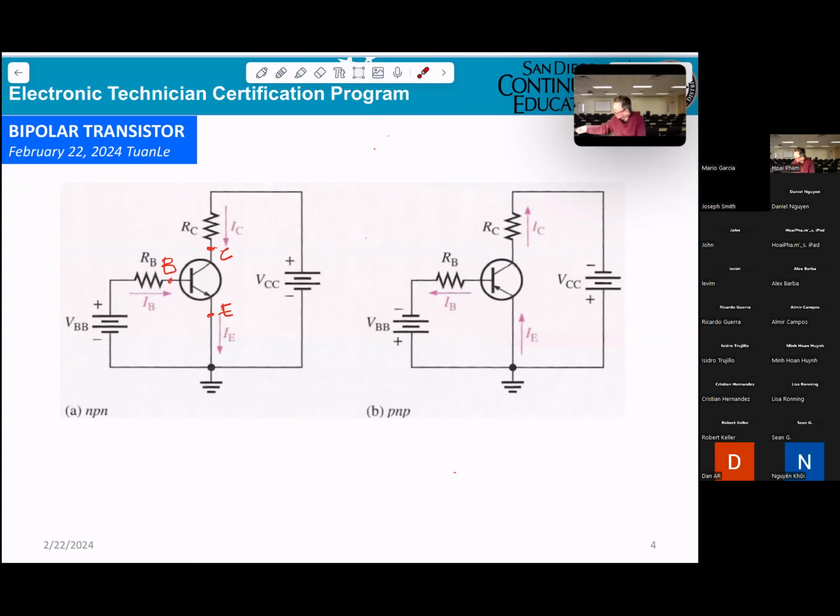So now, from the base to the emitter, what is the voltage? You know, this is just a diode.